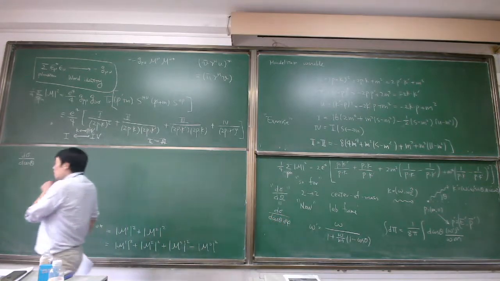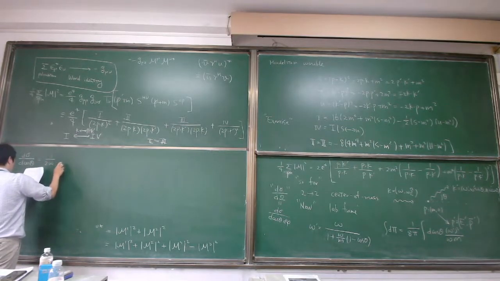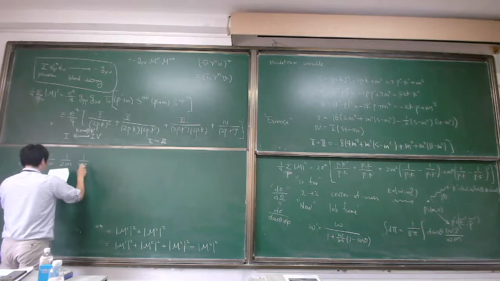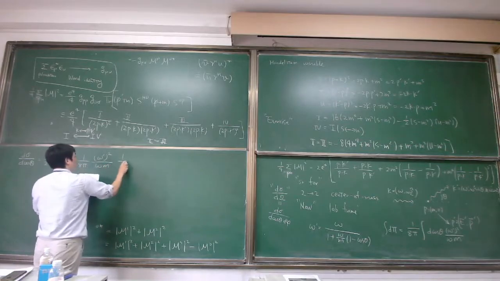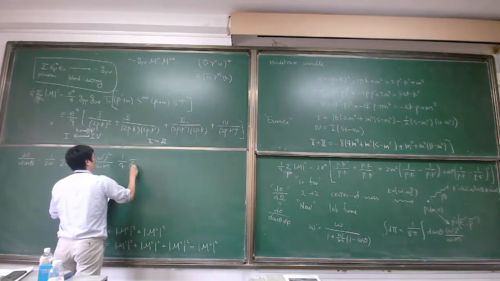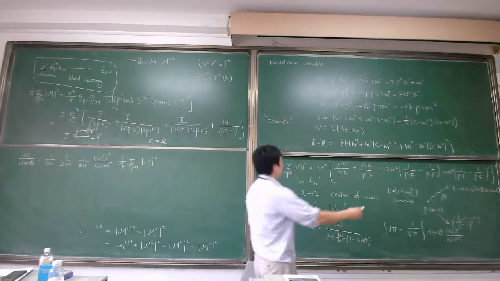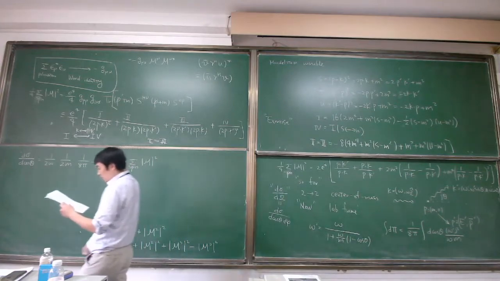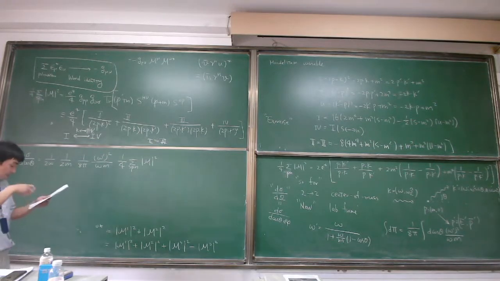So now d sigma d cos theta is equal to 1/2 omega, 1/2 m. So this is a general formula in the lab frame for the Compton scattering. Plug this into here and then manipulate the computation. And what we end up with, let's see.